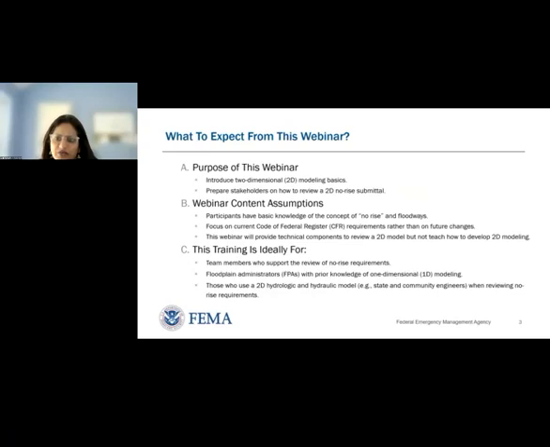This session will focus on current CFR requirements, and will provide the technical terms you need to review a no-rise when a 2D model is utilized. As Shilpa mentioned, this training is ideal for a floodplain administrator or their support team members or any participant of the communities who wants a chance to look at the 2D submittals.